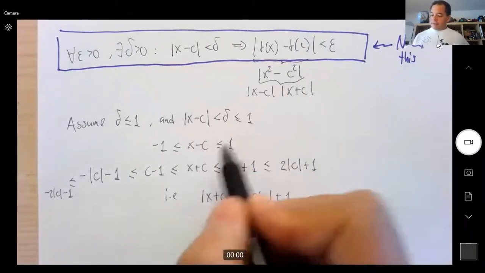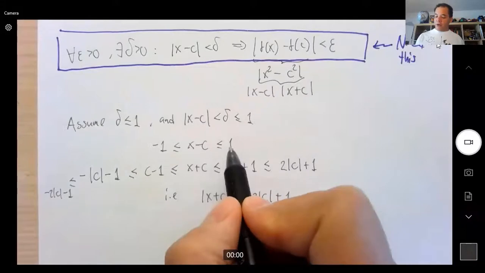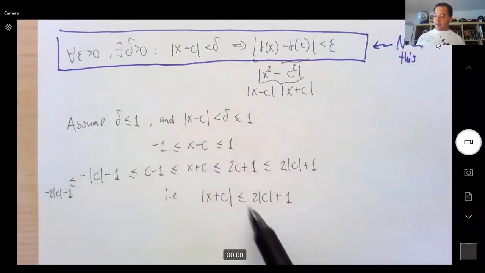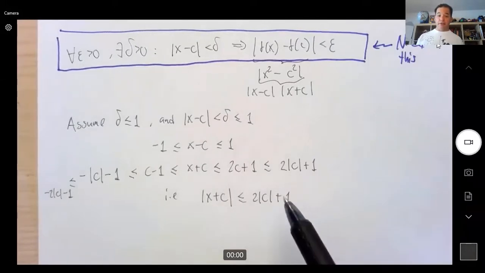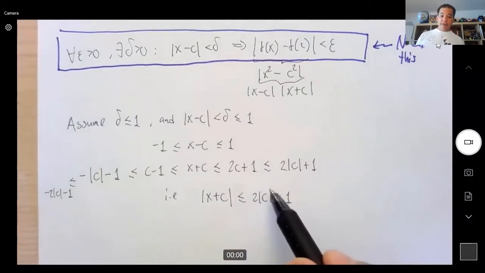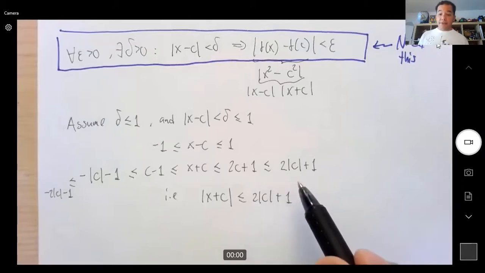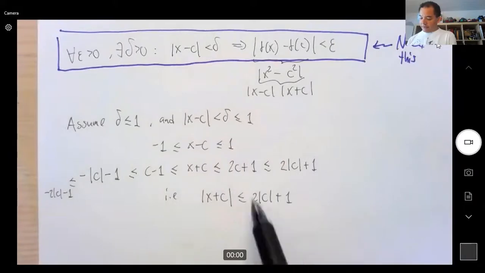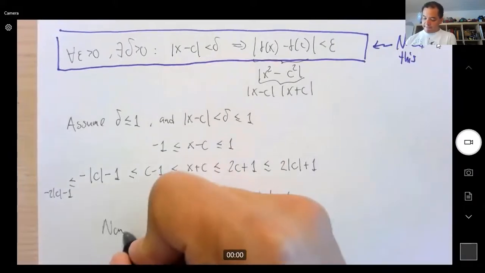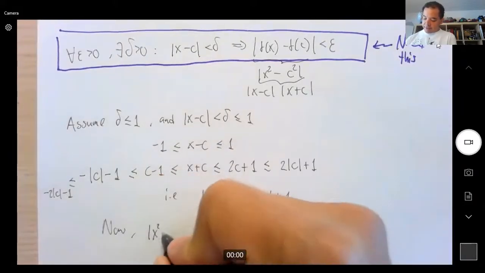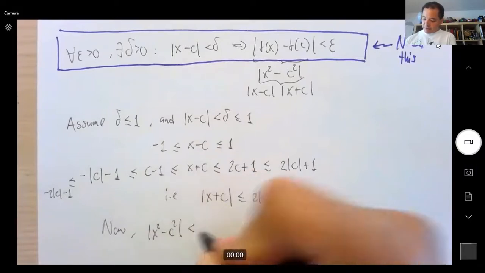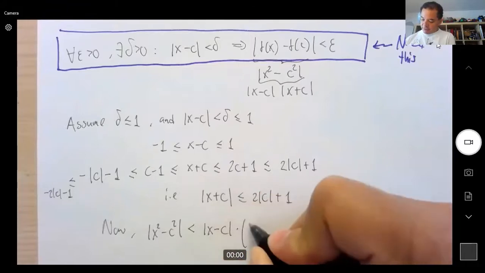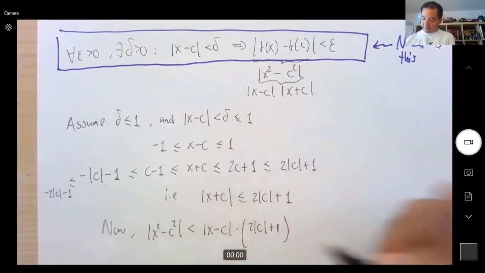So by asking x and c to be closer than 1, we guarantee that x plus c are bounded in some sense, right? And once we get this, then we can figure out what is the delta that we need, because now we can say that this is smaller than this. So now x squared minus c squared will be smaller than x minus c times 2 parentheses absolute value of c plus 1, right?